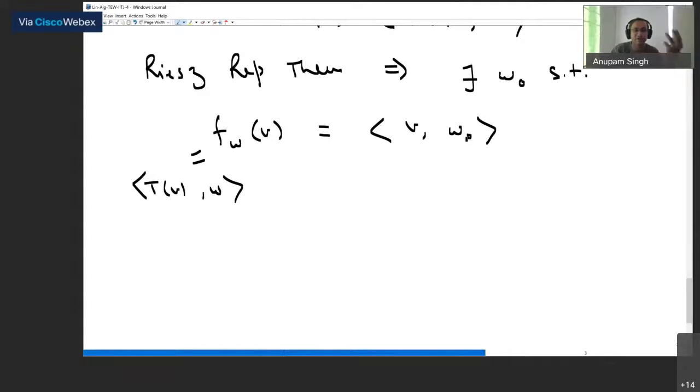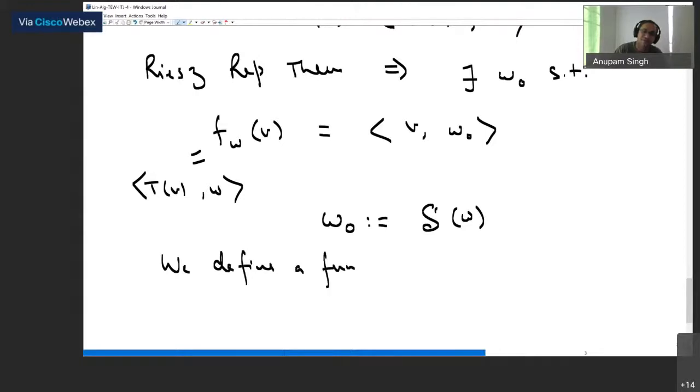If I take another w, I get another w_0, so it's varying with w. So instead of calling it w_0, I will call it S of w. So we define a function S from the vector space V to V, where we take a w and apply the above process to get w_0. This w_0 will be defined to be S of w.